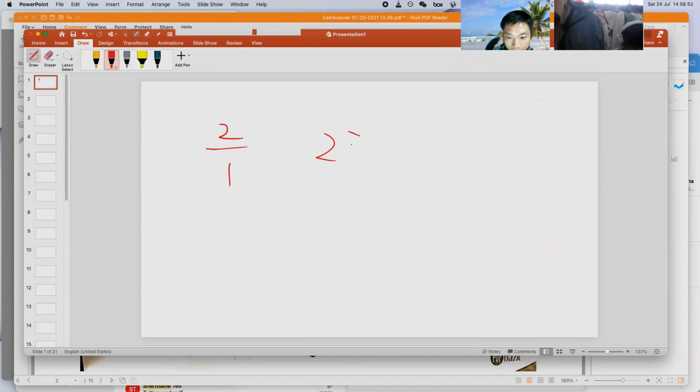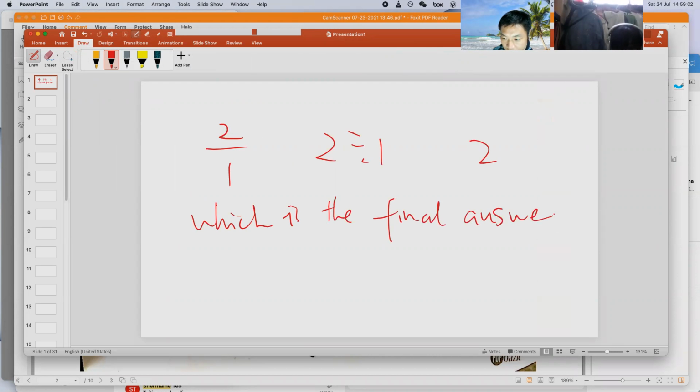You also have 2 divided by 1. Then you also have 2. So which is the final answer? How do you decide? What is the general requirement for a final answer?